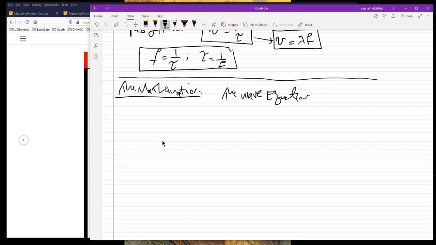The wave equation is a partial differential equation. I'm sure some of you have taken a course in ordinary differential equations, but the wave equation is a partial differential equation that looks something like this: partial squared psi over partial x squared equals 1 over v squared times partial squared psi over partial t squared. Again, this is beyond the scope of our course, so if you want to skip it, that's fine.